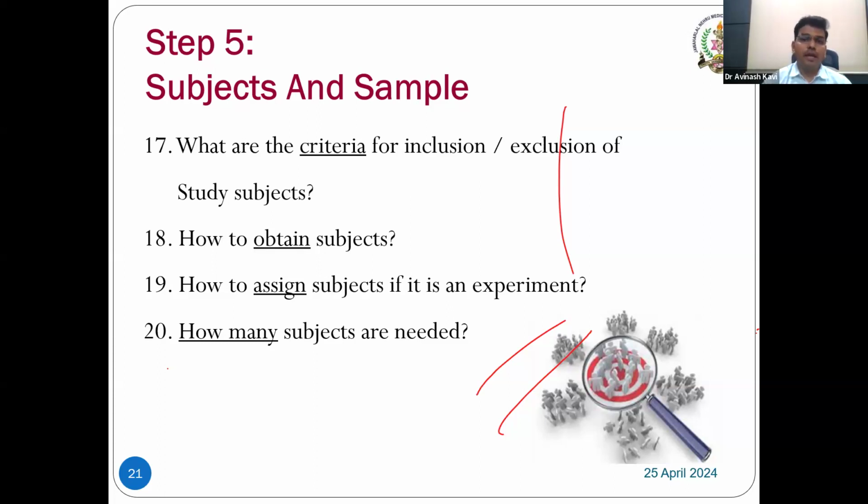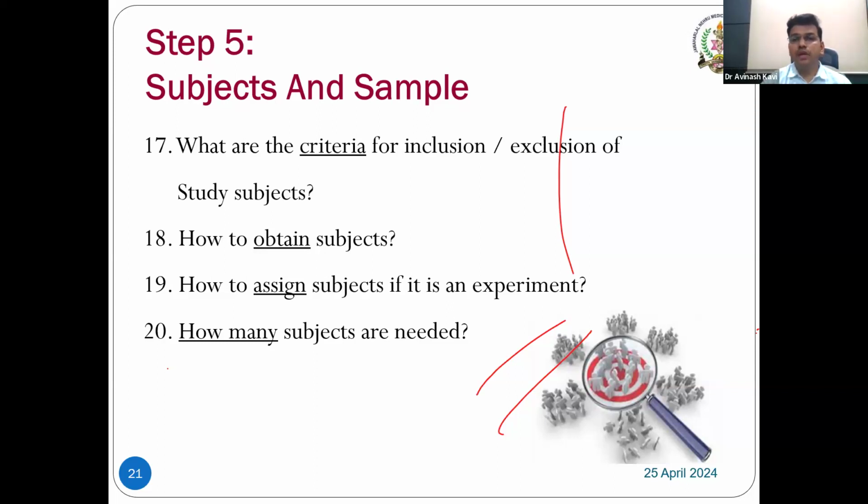Whenever we talk about the inclusion and exclusion criteria, we are basically trying to avoid confounding variables by having a strict inclusion and exclusion. But it should not be so strict that you will not get any sample. So it has to be a balance of both. That is what is necessary and which is actually practiced.